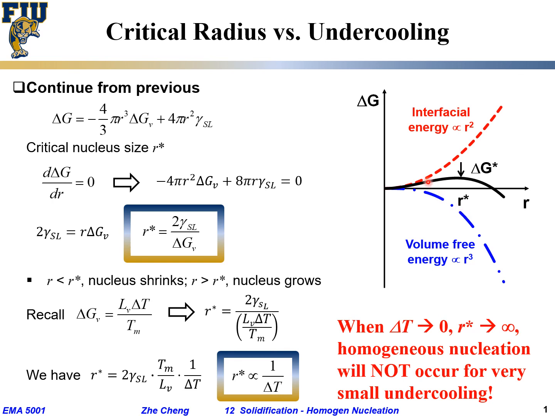If it's smaller than r star, it's natural for that cluster to grow or to shrink? To shrink back. So that's why we say homogeneous nucleation, which happens everywhere, not at a specific location, will not occur when delta T goes toward 0, when your undercooling is very, very small. Okay?